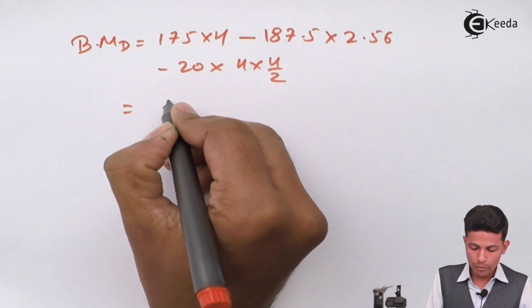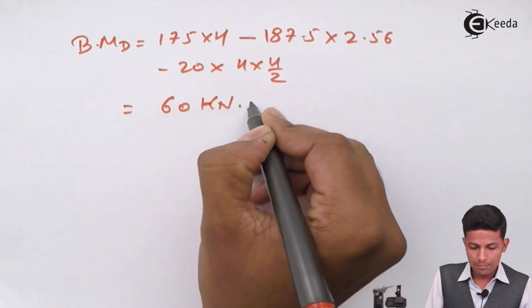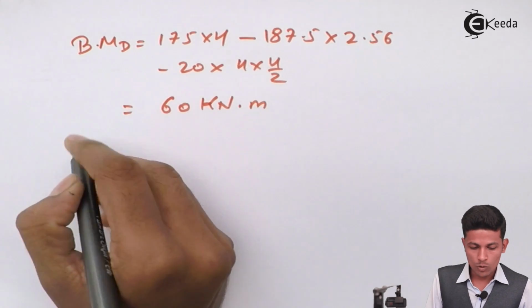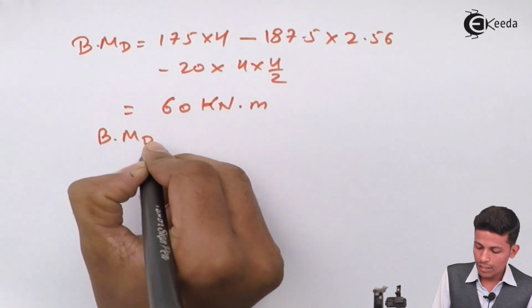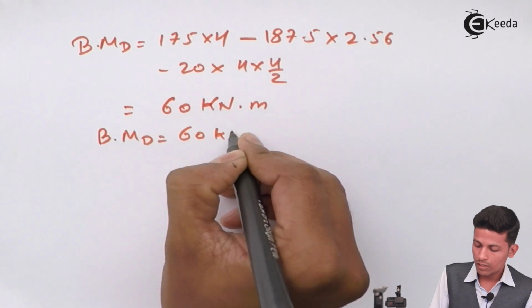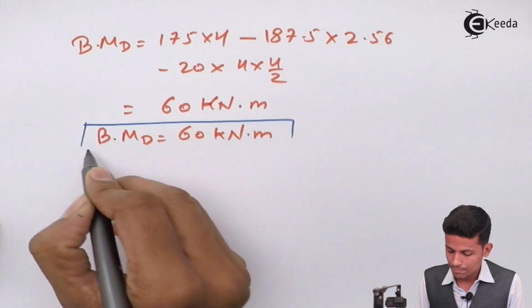Solving this, you get 60 kilonewton meter. So the bending moment at D will be 60 kilonewton meter.